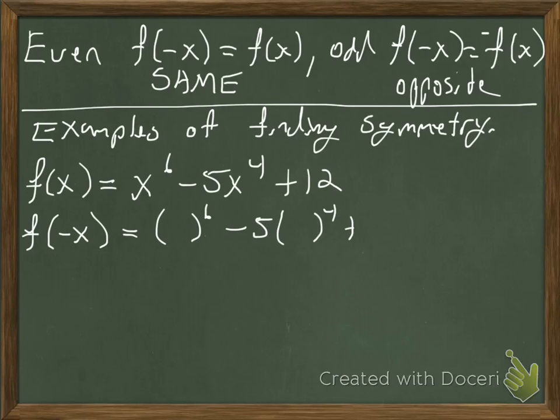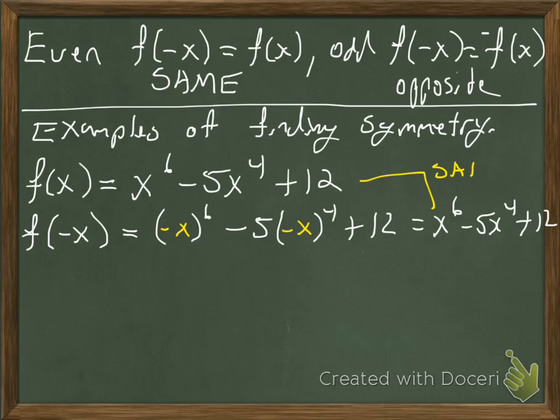Make sure you put those parentheses around. Okay. 6 negatives makes a positive. 4 negatives make a positive, plus 12. And we see that those are exactly the same. So for the same, that means it's even, and if it's even, that means it's symmetric with the y-axis.